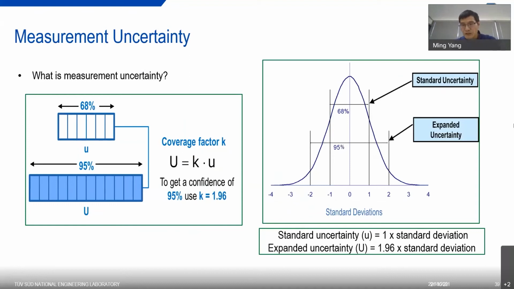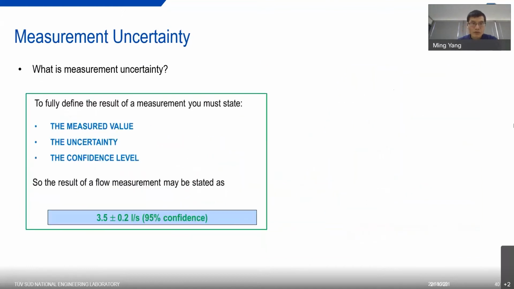So if we know the standard deviation, then by multiplying by the k factor, you will get the expanded uncertainty. When we're talking about measurement, to truly define the measurement, we need three items: the measurement value, the uncertainty, and the confidence level.